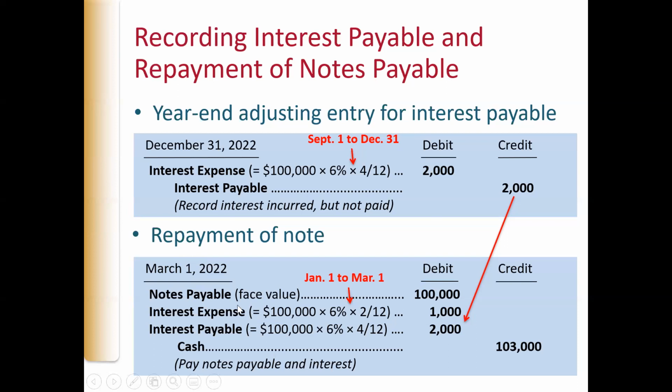Then we're going to debit the interest payable that we owed from the previous year. And then we credit our cash of 103,000. Does that make sense?